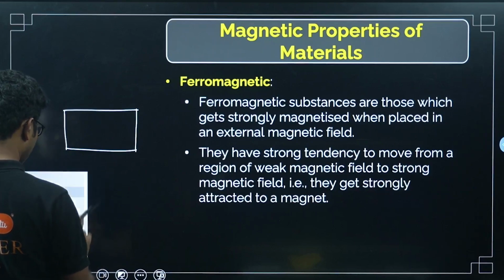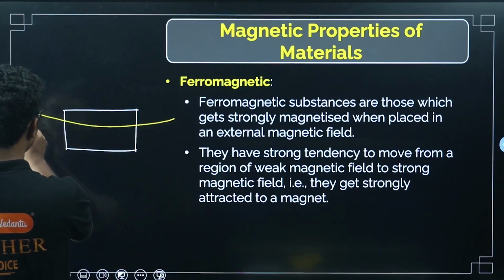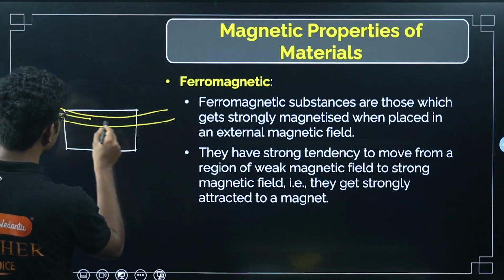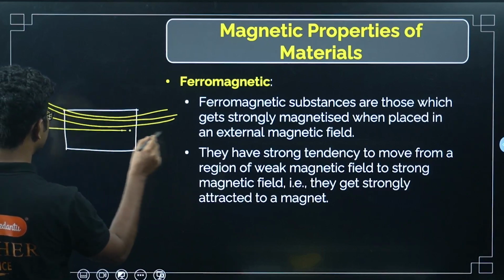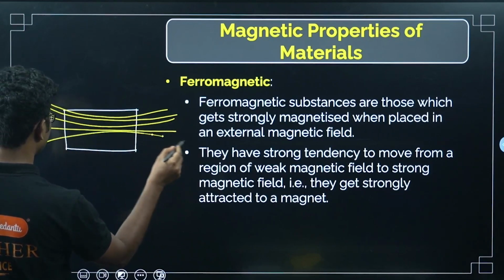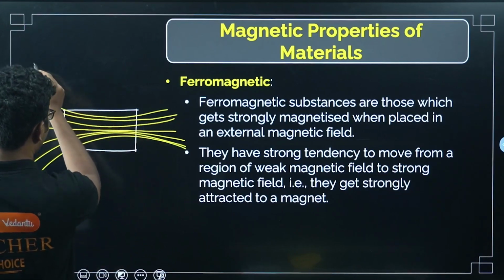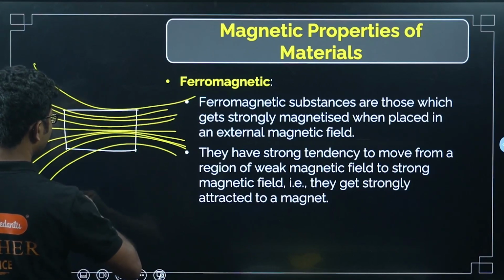Okay, let me use a different color. So what will happen? They will strongly attract. Even far magnetic field lines will be getting attracted. Everyone will concentrate here with a high density. The density of the lines will be very high here. Everyone will try to go inside this material.